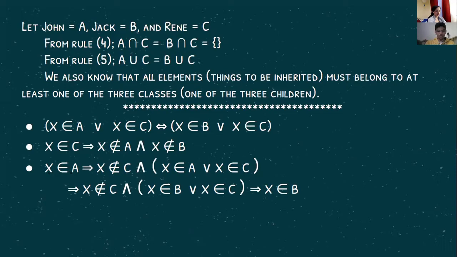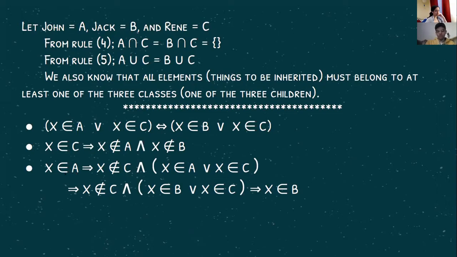And I also know that if x belongs to A, then either x belongs to A or x belongs to C. So back in, I think, the first session, we know that the OR statement is true if only one of these two is true. Here, x belongs to A or x belongs to C is true as long as x belongs to A is true.